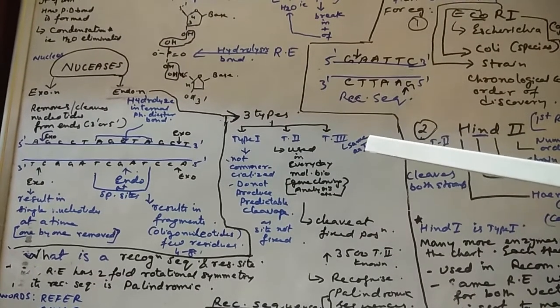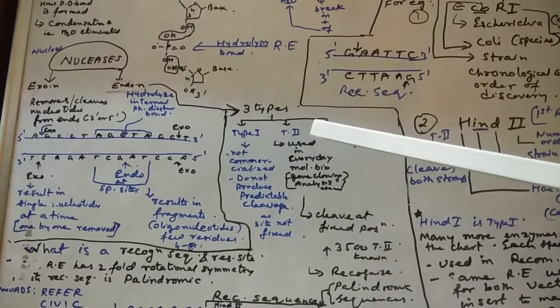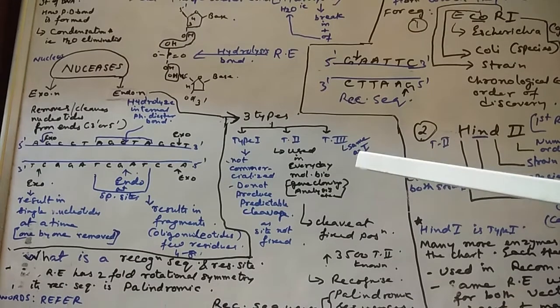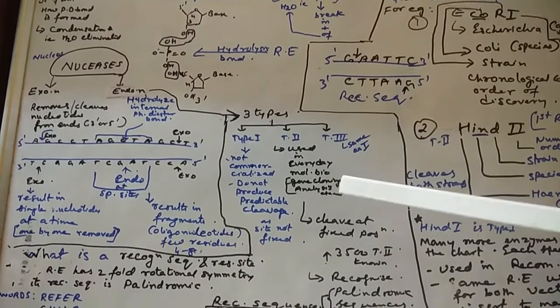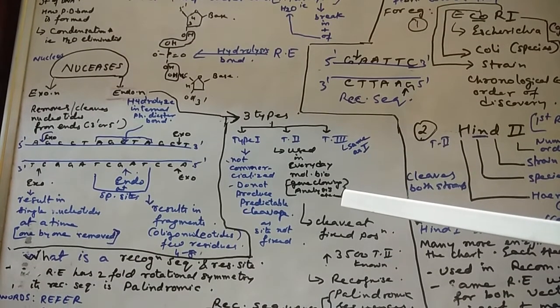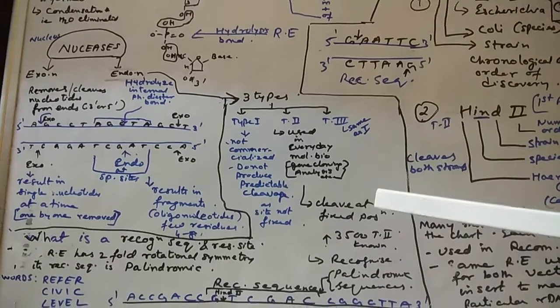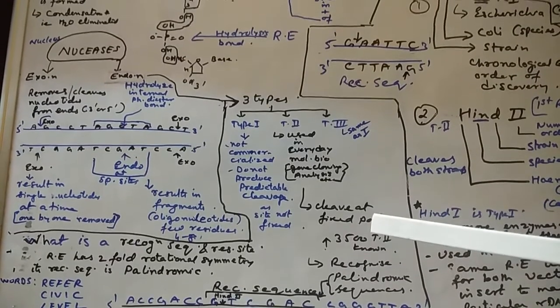They are not commercialized. Whereas type 2 restriction enzymes are used in your day-to-day molecular biology for gene cloning, for analysis of a DNA fragment, etc. Because it has the property of cleaving at fixed positions.